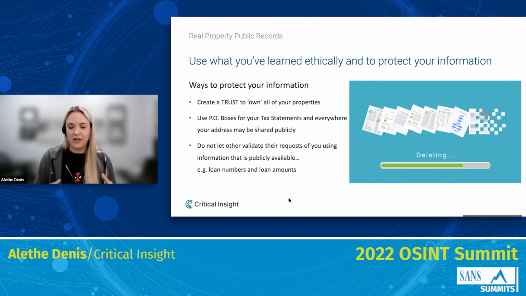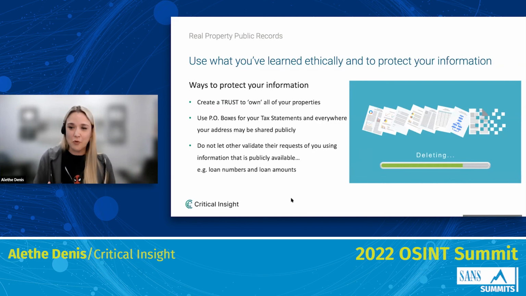And don't let other individuals, whether it's a phone call, an email, or something you receive in the mail, verify and validate their requests with you using information that you know is of public record. For example, if you own your home and your name is associated with your tax records, don't let people just use the fact that they know you own a piece of property to gain your trust.